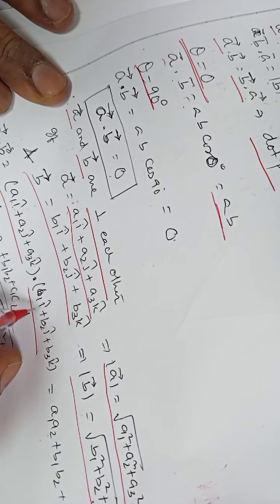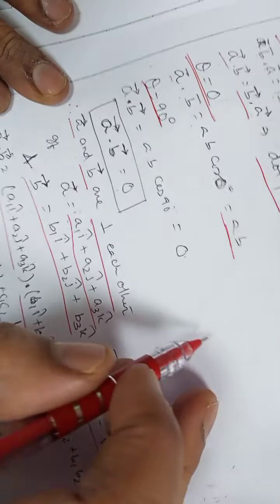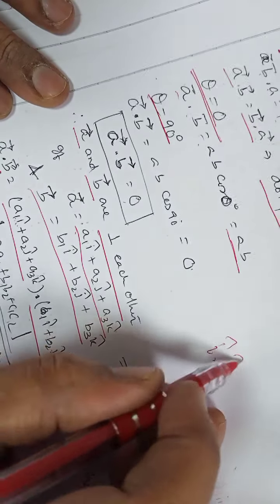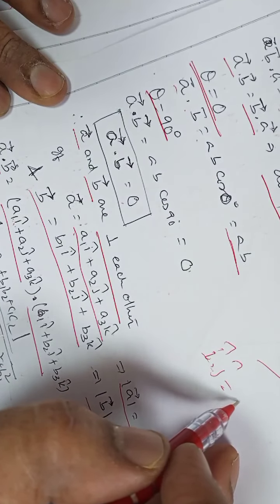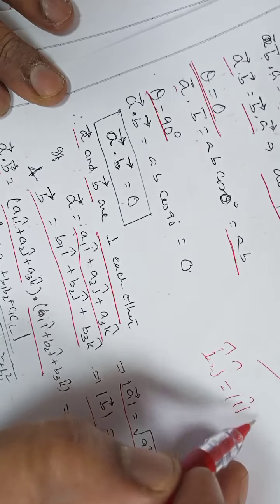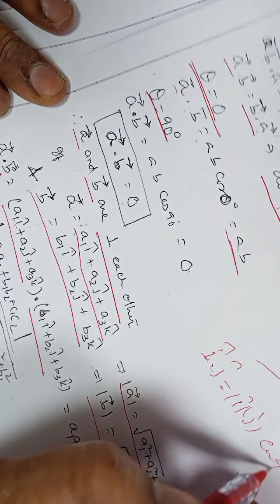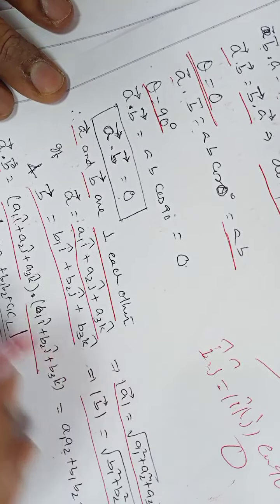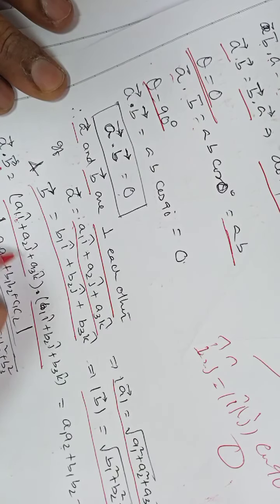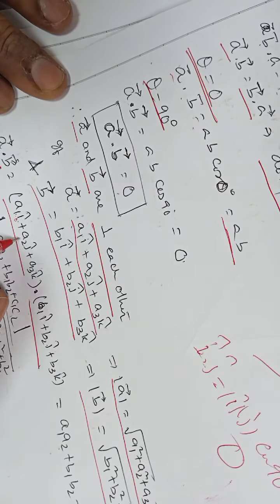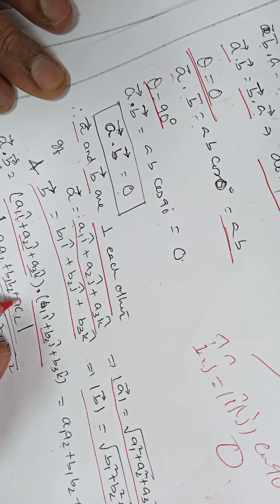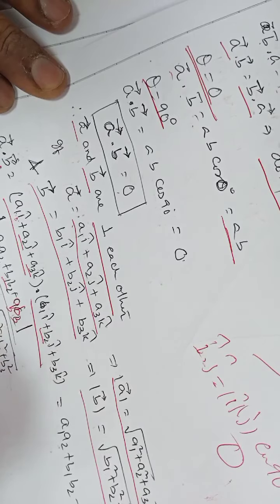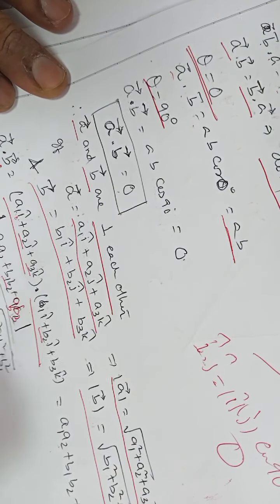But i cap dot j cap: the angle between i cap and j cap, we know all are perpendicular to each other, so it is mod of i cap, mod of j cap, cos 90 degree, that is 0. So i cap dot i cap gives a1 b1, and the rest will be 0. Similarly a2 b2 and a3 b3, and the cross terms will be 0. Then cos theta comes in terms of components.